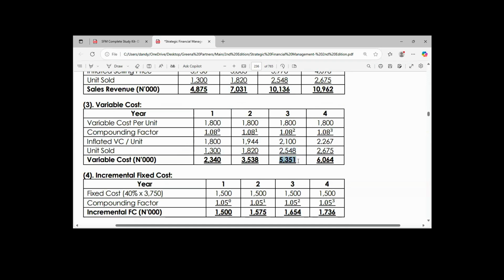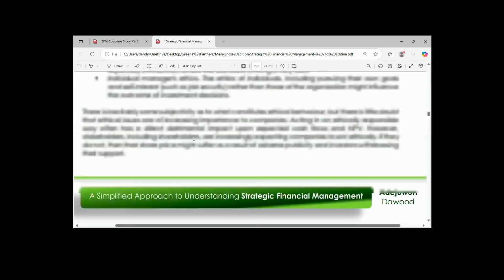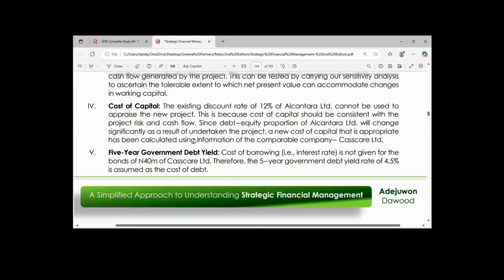That produced 5351. You do the same thing for the fourth year. The inflated variable cost is 2267 multiplied by the units of 2675. We have 6064. Again, you go and post. Once you are done with your working, then you go and post.